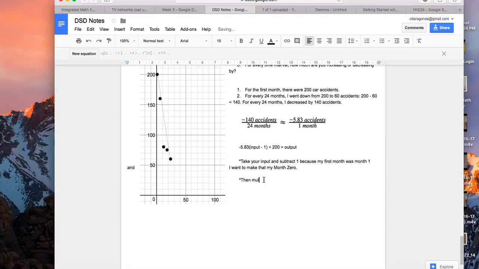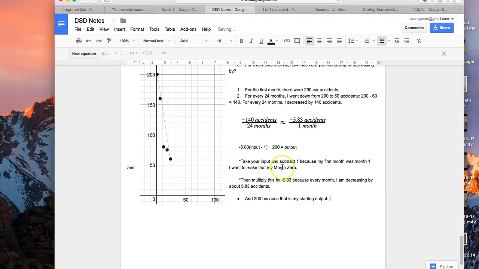Then multiply this by negative 5.83 because every month I am decreasing by about 5.83 accidents. The negative is because I am decreasing, and the 5.83 is how much I'm going down every month. And then lastly, add 200 because that is my starting output.